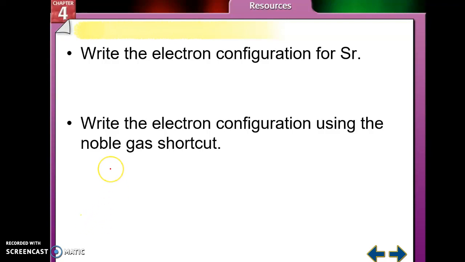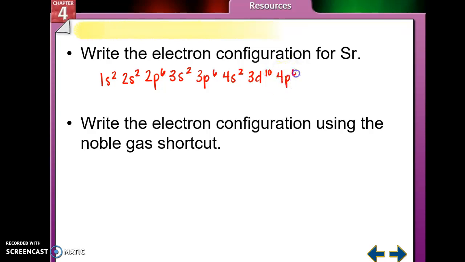So strontium's electron configuration is 1s2, 2s2, 2p6, 3s2, 3p6, 4s2, 3d10, 4p6, 5s2. And that adds up to 38 electrons.